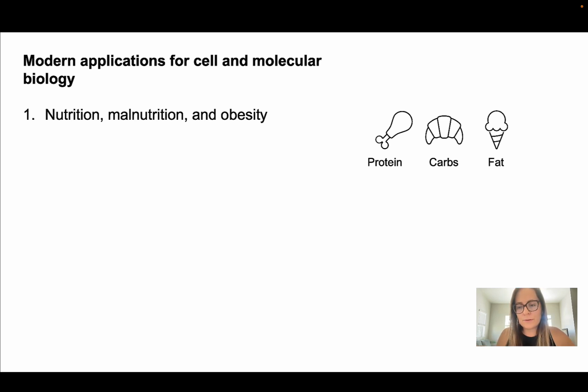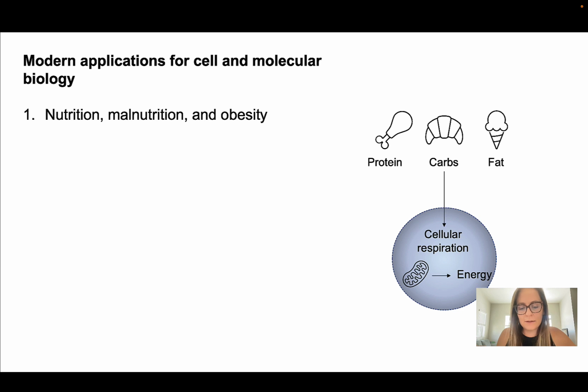And so in this class, we're going to look at how cells metabolize carbohydrates in a process called cellular respiration. And they use these carbohydrates to make energy. We'll also look at, for example, how plants harvest energy from the sun to make plant carbohydrates. And these cellular processes are key aspects of nutrition and might be perturbed in malnutrition and obesity.